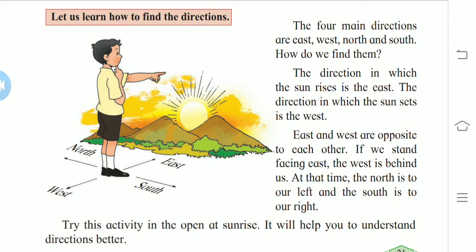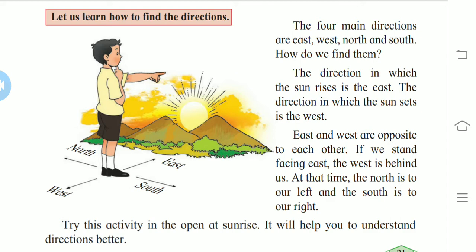The four main directions are east, west, north, and south. How do we find them? The direction in which the sun rises is the east, and the direction in which the sun sets is the west. East and west are opposite to each other. If we stand facing east, the west is behind us.